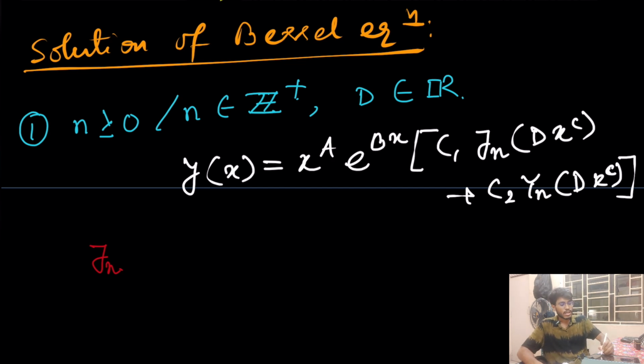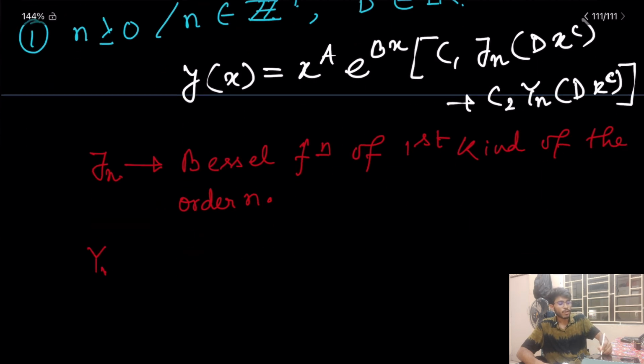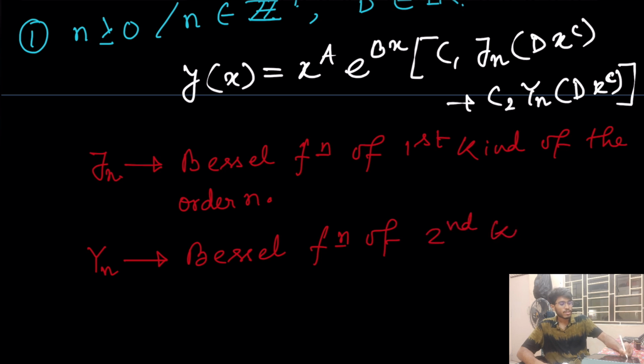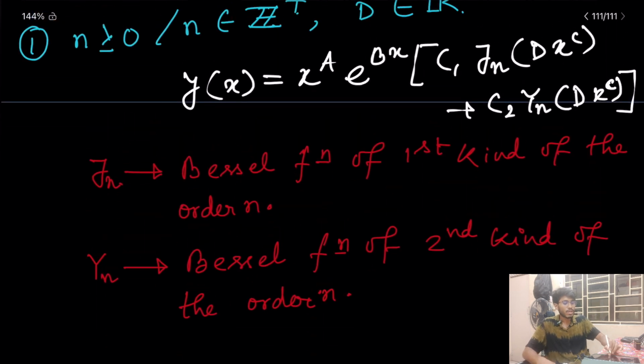So Jn is the Bessel function of first kind of the order n, clear, and capital Yn is the Bessel function of second kind of the order n, clearly.